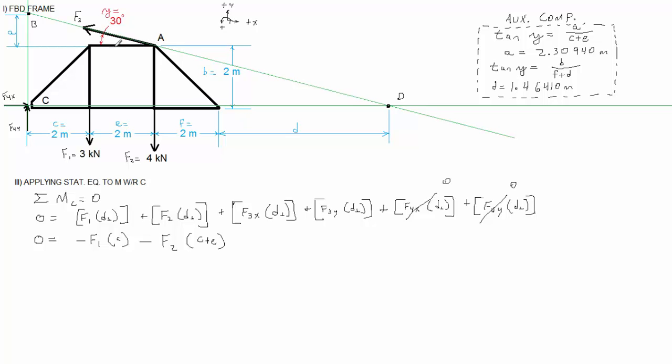F3's x component is right here, and the value of F3x is F3 times cosine of gamma. Its perpendicular distance is B. And if we look at F3x, it would cause this type of rotation around point C. So that's going to be positive.